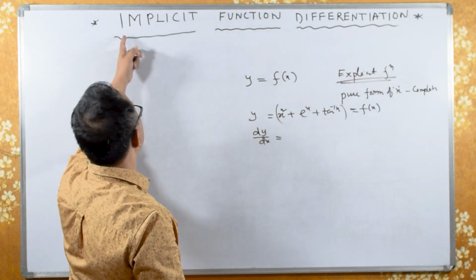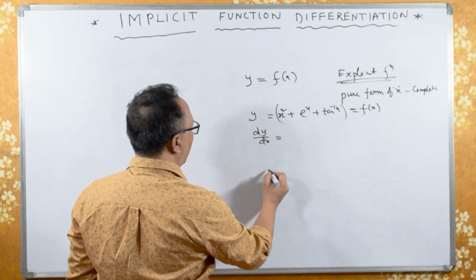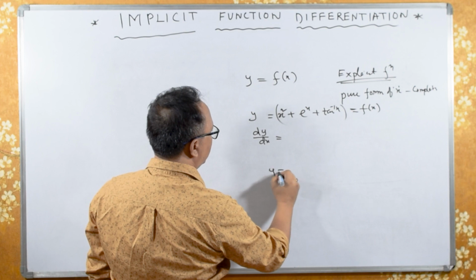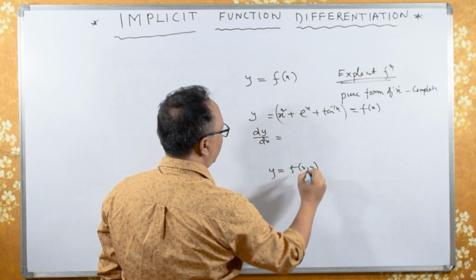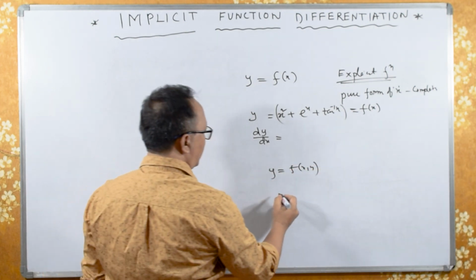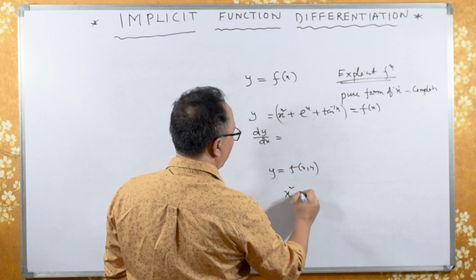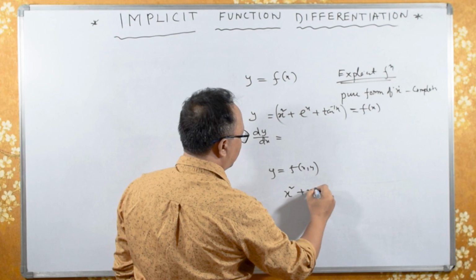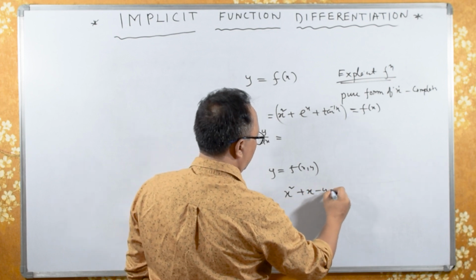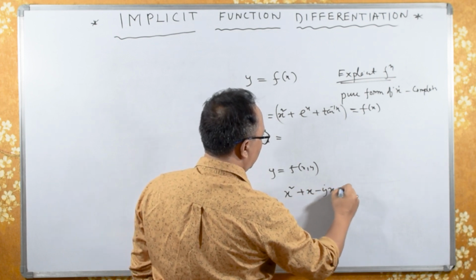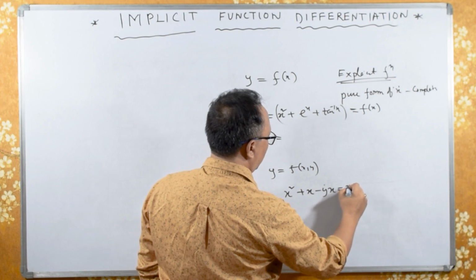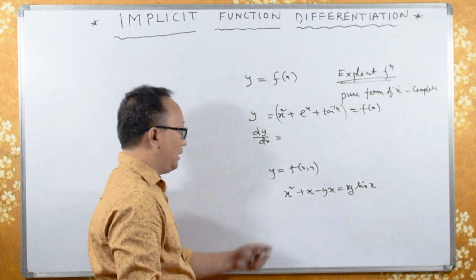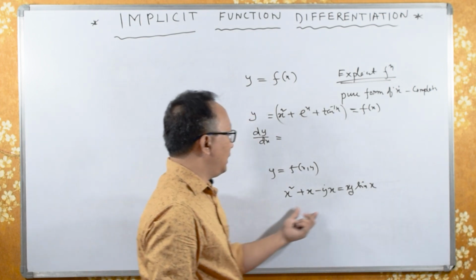Now, what is an implicit function? An implicit function is one where y is a function of x and y mixed together. For example, if I have x square plus x minus y x equals y sine x.